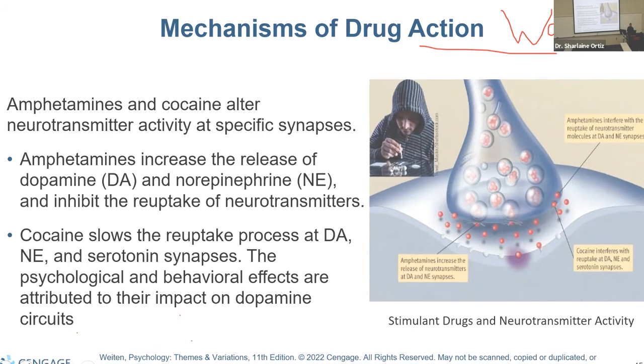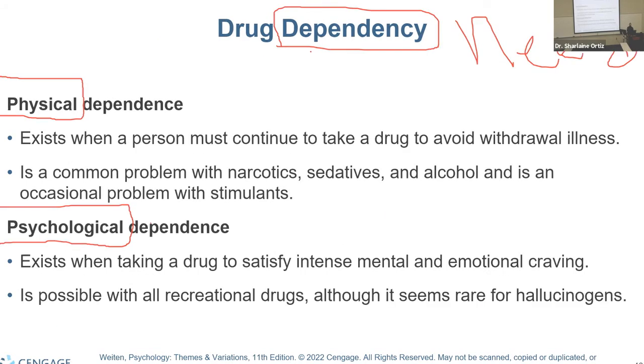And as you can see, drug dependency would be much harder to treat because now your body has become dependent. Now your physical body, your brain has become dependent. And how do I know that? Because now you need to seek more of this drug to avoid a withdrawal.